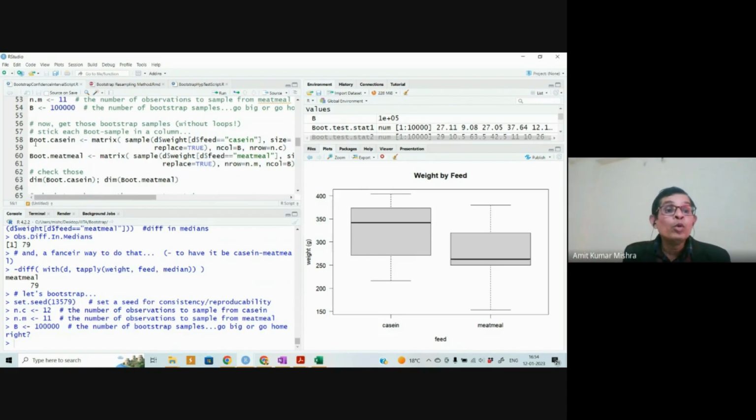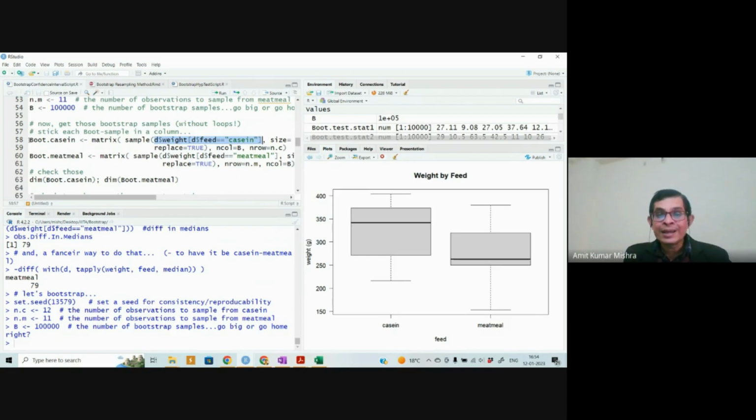So boot.casein, I am finding the matrix again. Matrix of what? Now you are finding the samples of weight, but not all the weights, only those weights in which feed is casein. And how many?